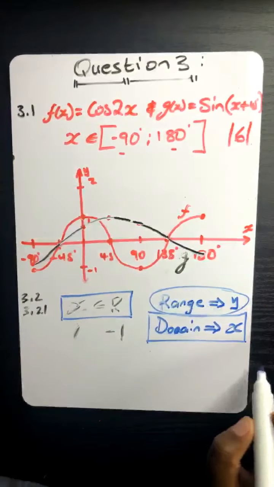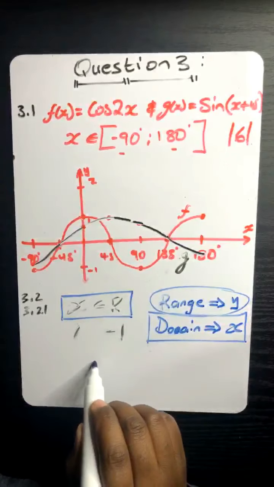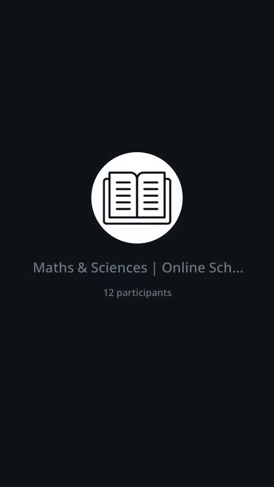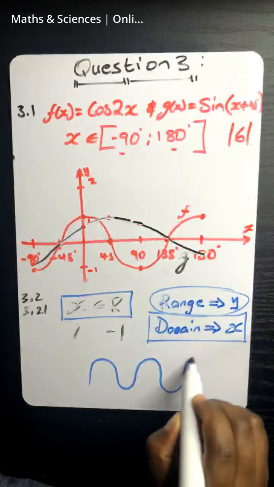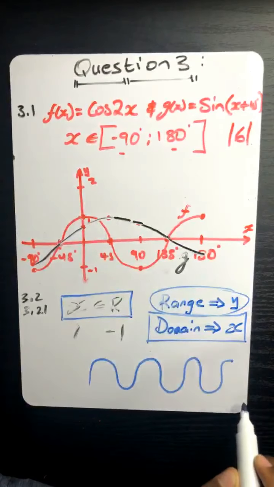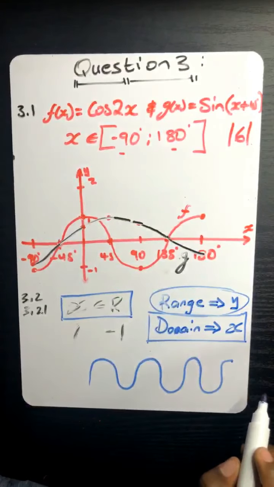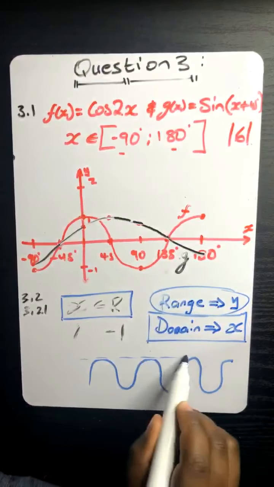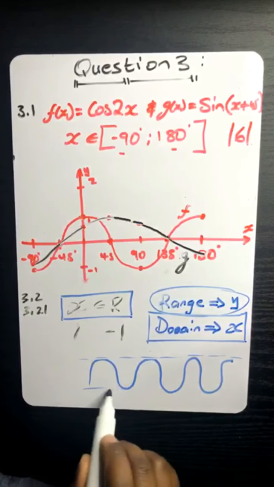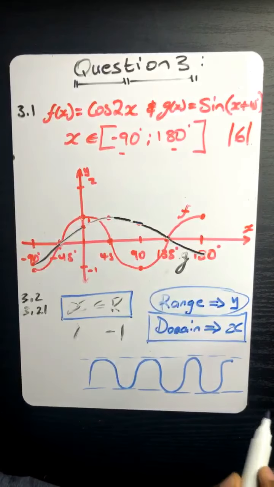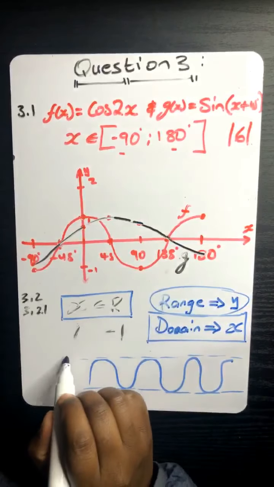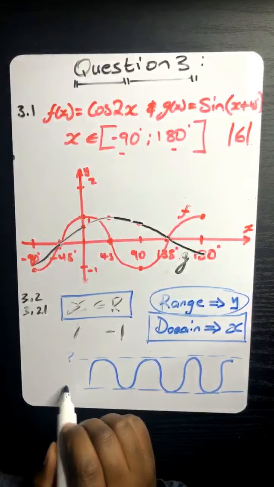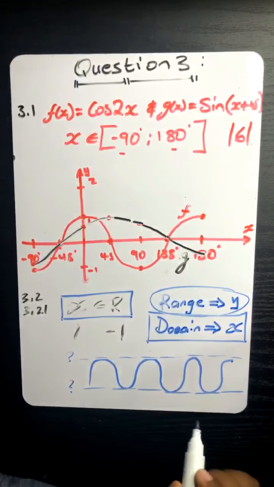So now, what is the range? If you remember, guys, I said if you've got a wave which is doing that, and we say, what is the range? The range means it is actually doing whatever within this range. So you must give that value and again that value.